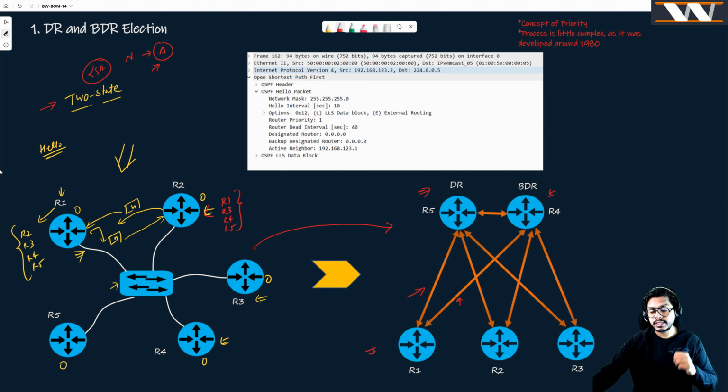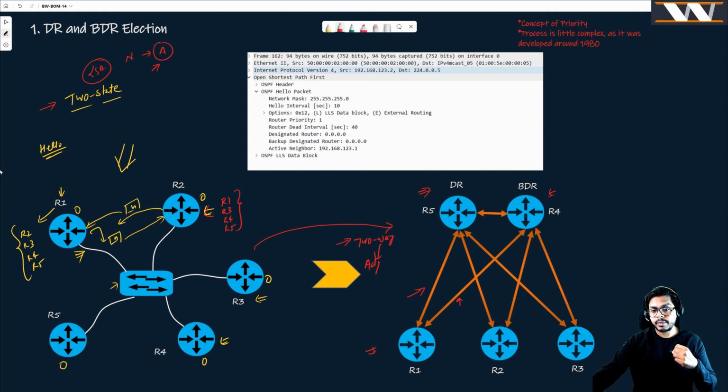What is the meaning of adjacency? The meaning is they will move forward from two-way to adjacency, right? Because two-way is not the state where we are going to share the routing information, but we need to move forward if we want to send routing information.